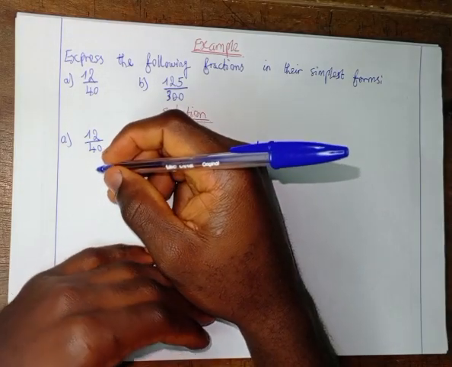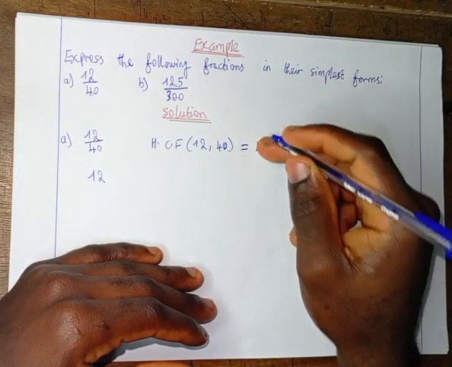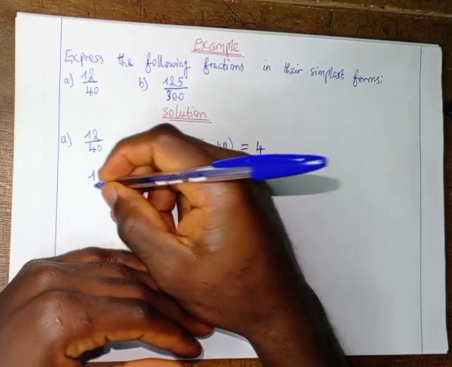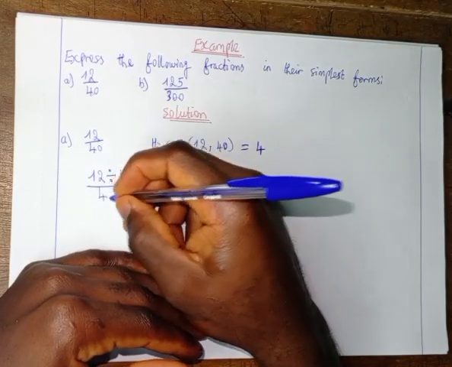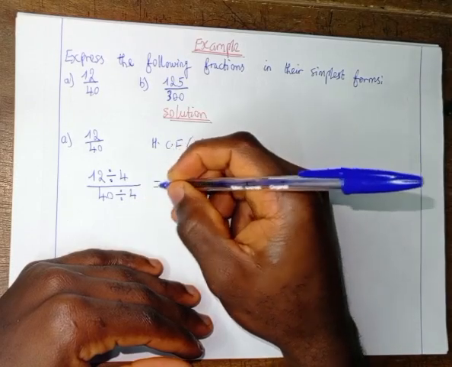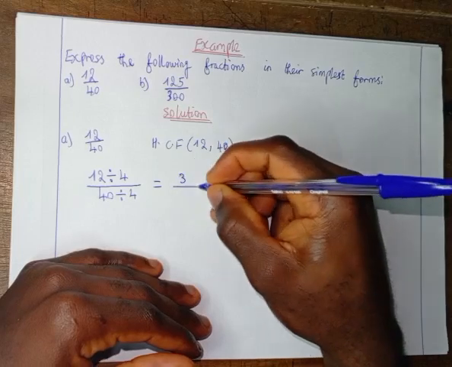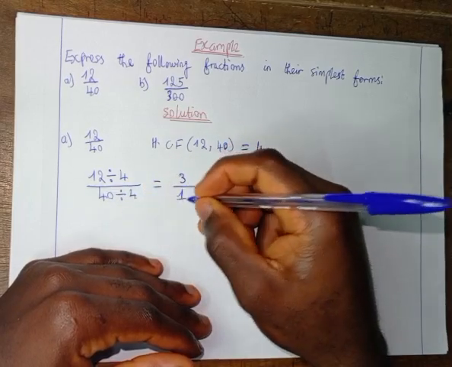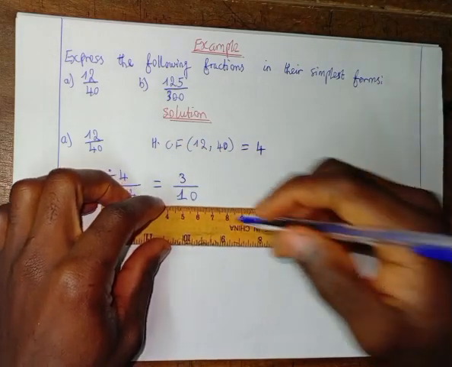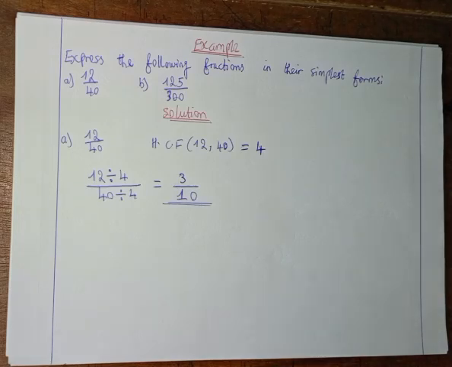To simplify this fraction, we divide both the numerator and the denominator by the HCF, which is 4. 12 divided by 4 all over 40 divided by 4 is equal to 3 over 10, since 12 divided by 4 gives 3 and 40 divided by 4 gives 10. 3 over 10 is the simplest form of the fraction 12 over 40.